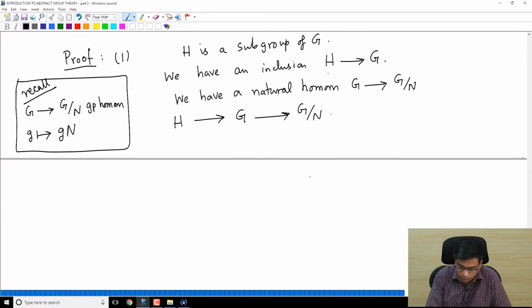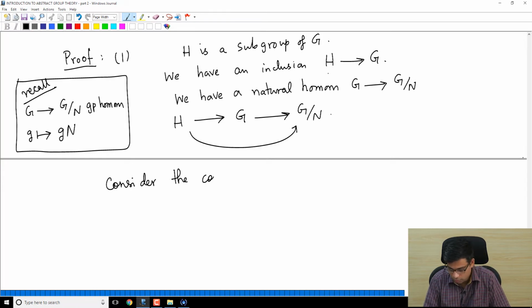So consider the composition. What is the composition?